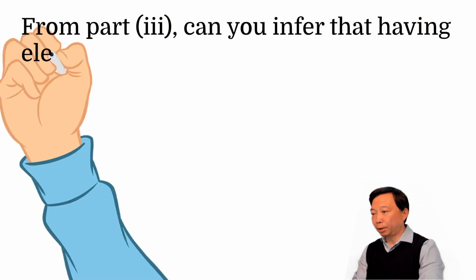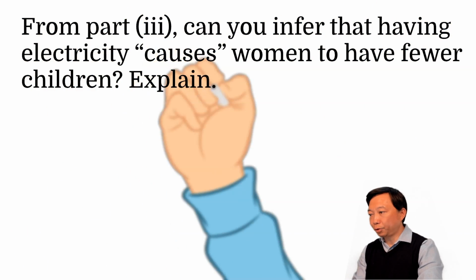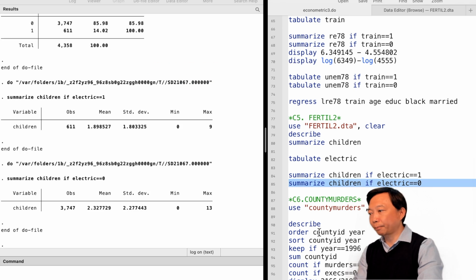The fourth question is, from part 3, can you infer that having electricity causes women to have fewer children? Explain. The correlation between the number of children and electricity does not necessarily show a causal relationship. There are many other factors that affect fertility, such as educational attainment, age, race, and family income.